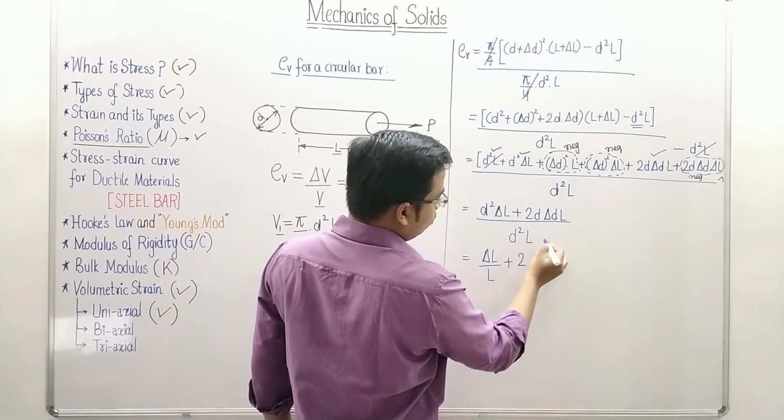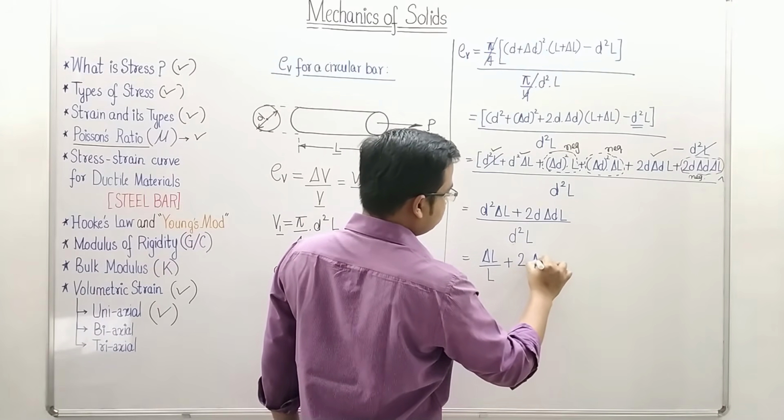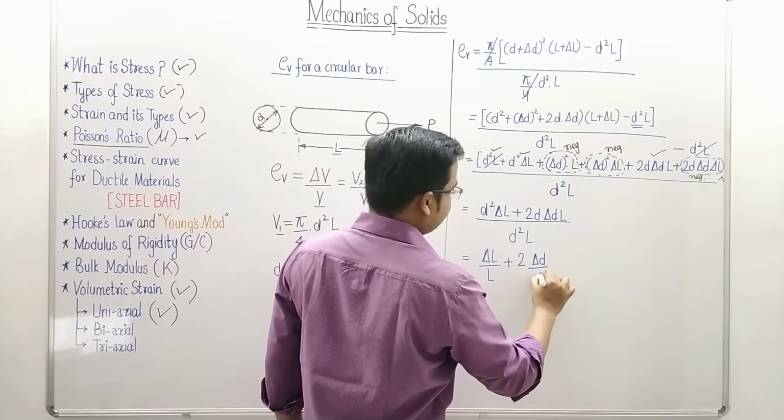Am I right? Yes. Only one D will be remaining in the bottom. This is going to be delta D over D.